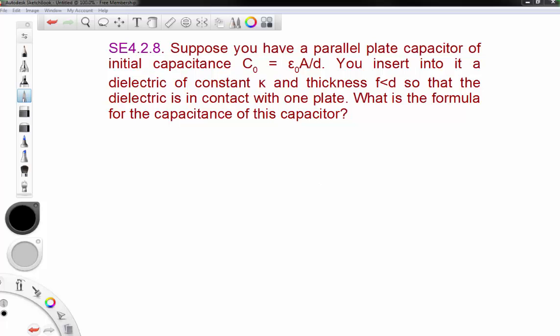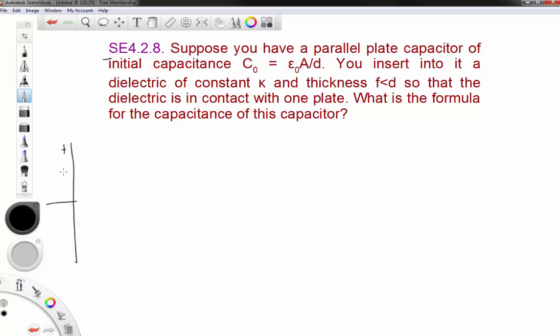We begin with this question that says you have a parallel plate capacitor of initial capacitance C naught equals epsilon naught A over D. And we're going to insert into it a dielectric of constant kappa and a thickness F is less than D. So to draw this, basically you could think of it from the side as looking like this. So here is capacitor number 1.